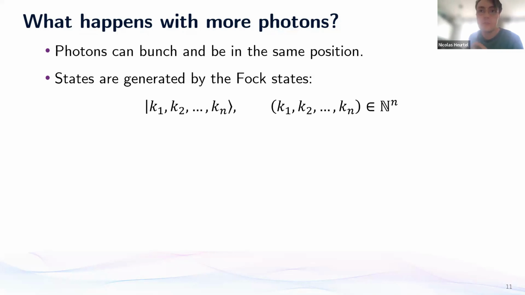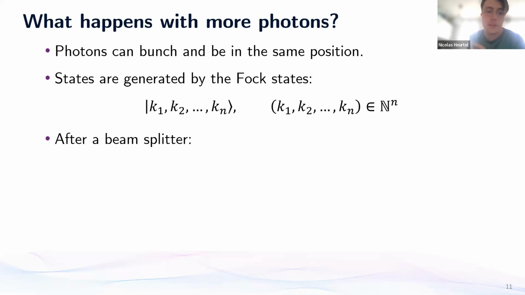When there are many photons, they can all be in the same wire, or they can be dispersed across all the wires. To represent that, we use what we call Fock states. Basically, it's just a tuple of integers mentioning how many photons we have in each wire. That is the basis, and of course you can have a superposition of these states.